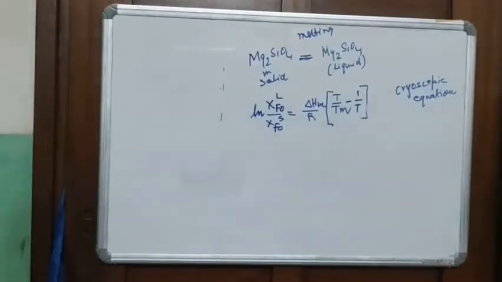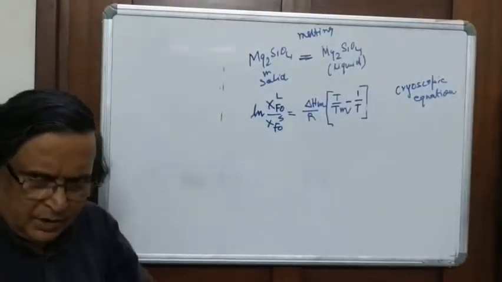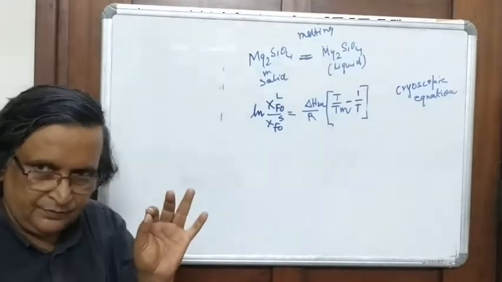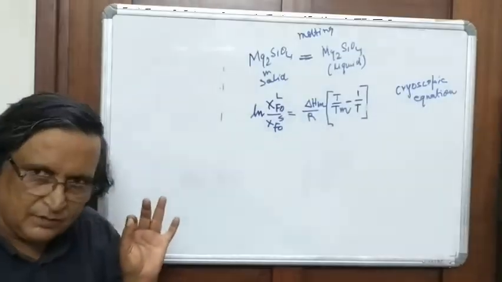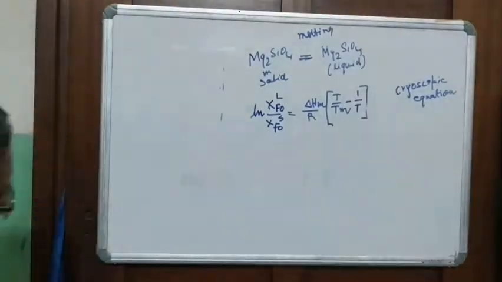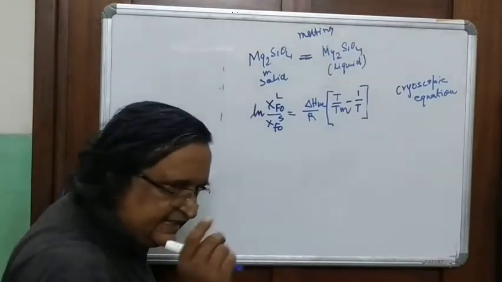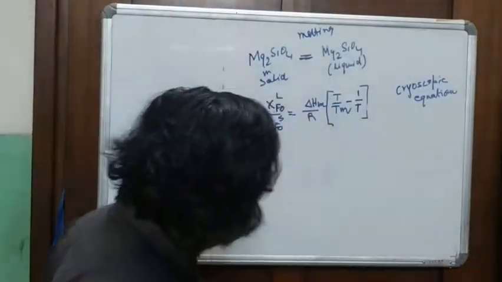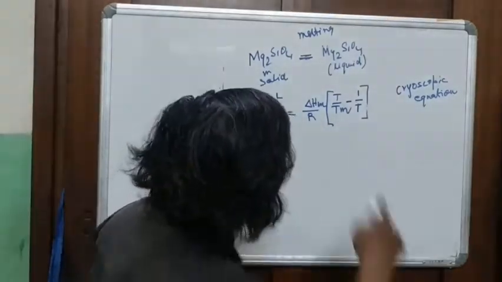But there is something very interesting for you here. There are different parts of this equation that need to be understood absolutely clearly. There should be no question of ambiguity. Delta Hm is the enthalpy of melting of the pure phase. R is the universal gas constant.